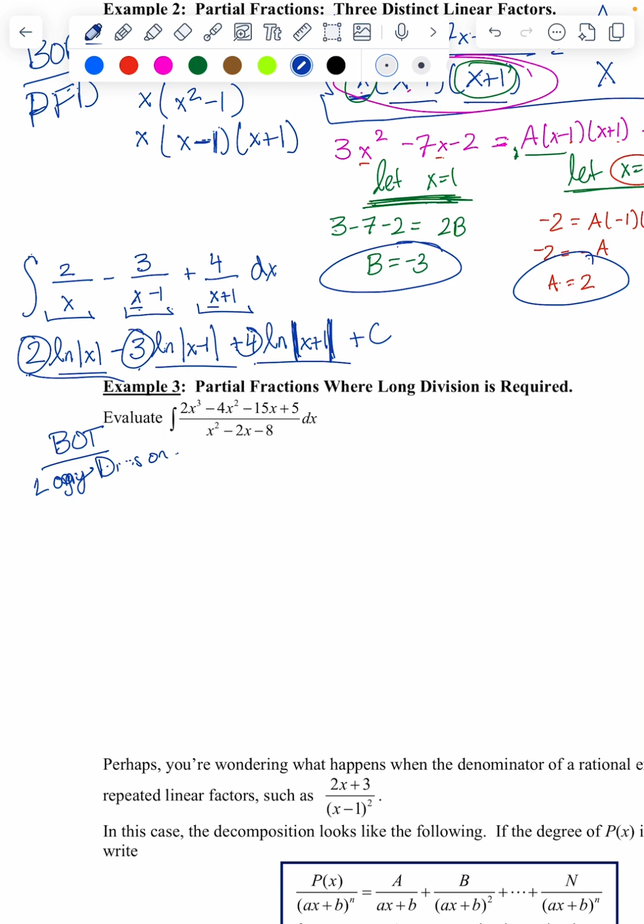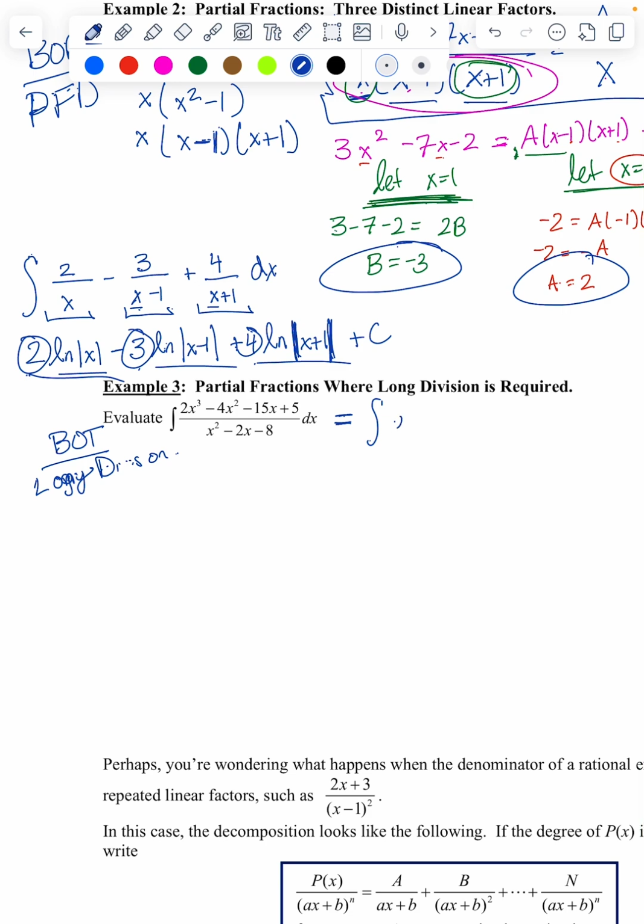So I'm going to save you the steps. When you use long division, hopefully, you have figured all of that out. I'm not going to show the steps for long division just because I don't have the space on my notes. But once you first use long division, you end up with a problem that looks like this.